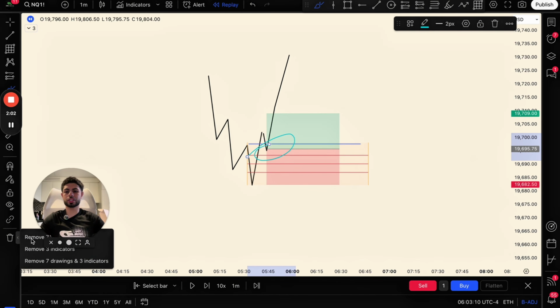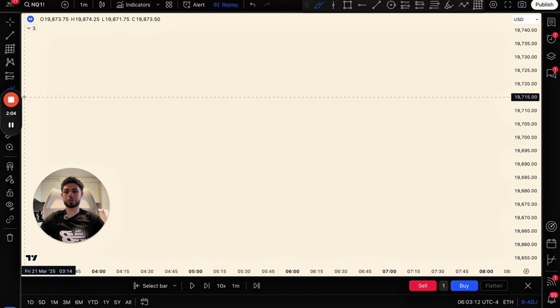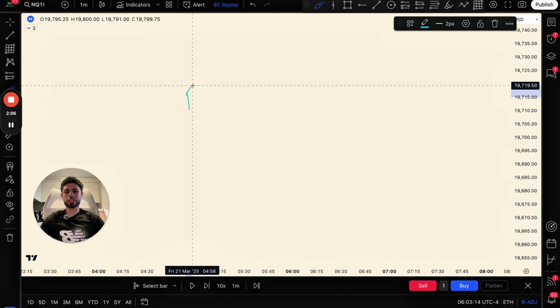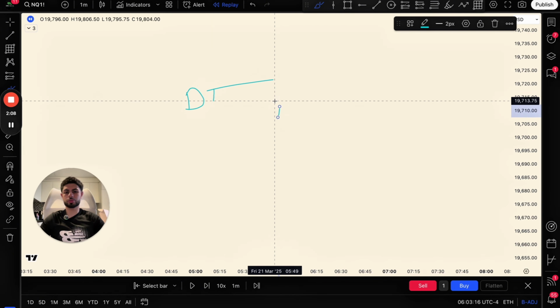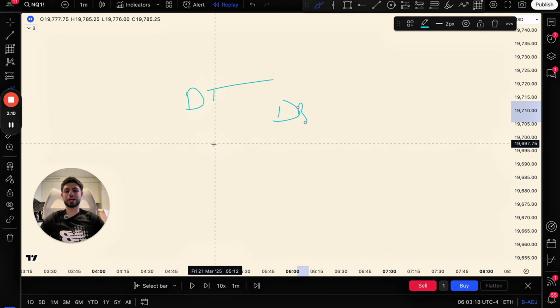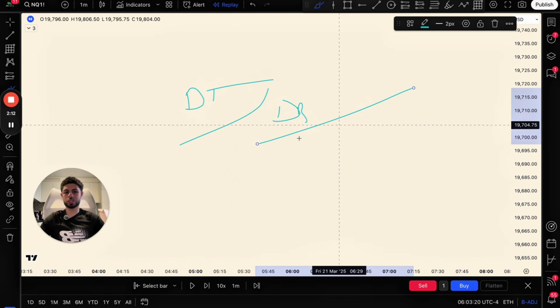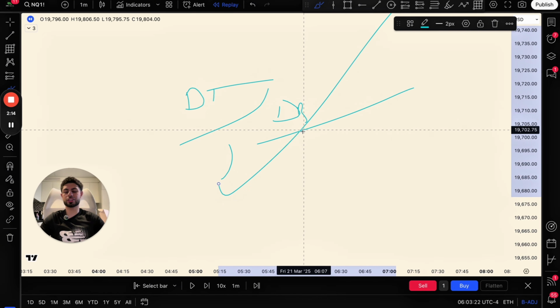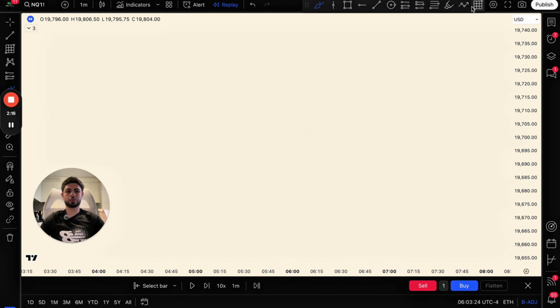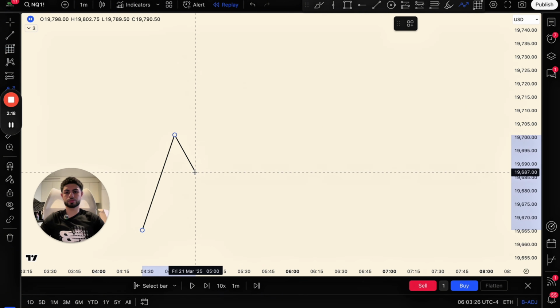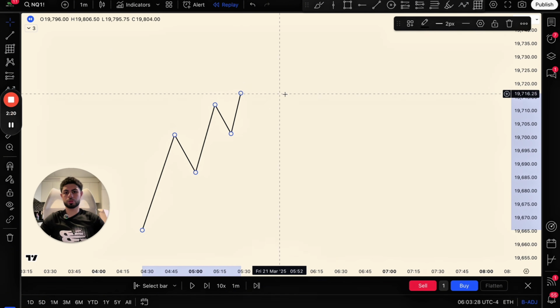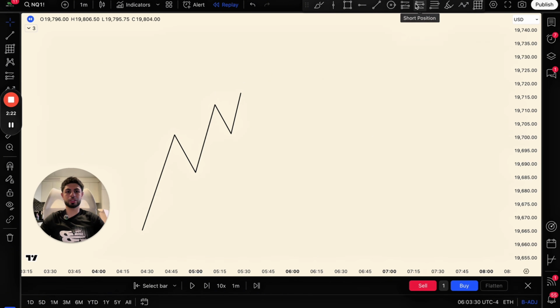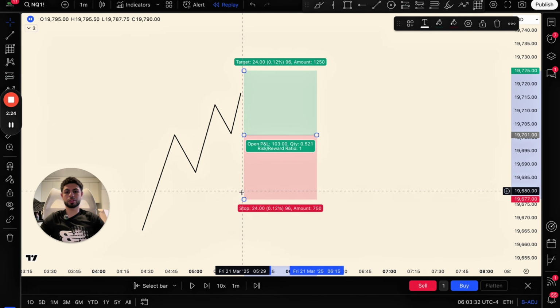But a good thing to remember is if you're not entering on a double top or a double bottom, and by that I mean if you're not entering on the second sweep, right, as soon as you sweep, you tag yourself and you're in. Okay, if we have this double bottom, your entry is going to be underneath this first sweep.